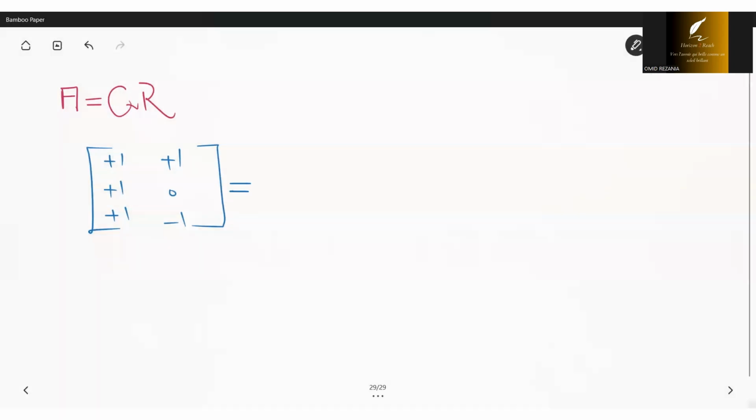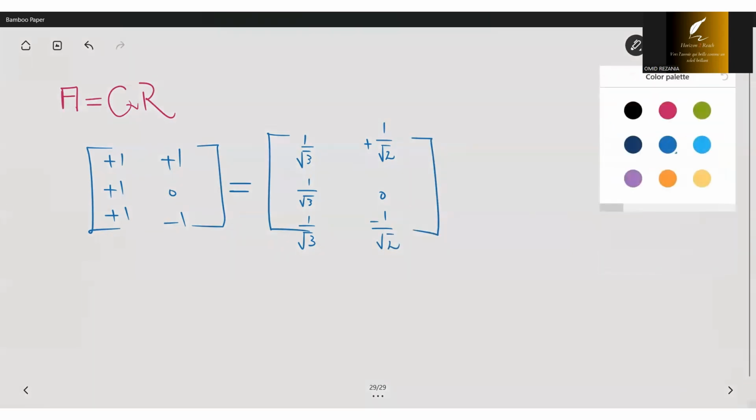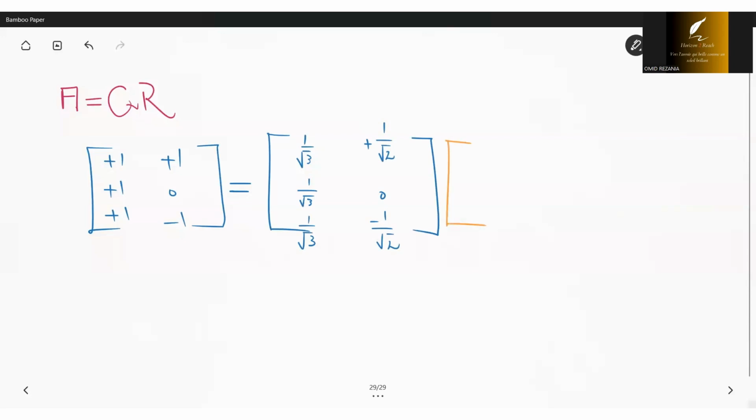The first matrix Q was 1 over square root of 3, 1 over square root of 3, 1 over square root of 3, plus 1 over square root of 2, 0, minus 1 over square root of 2, times a 2 by 2 matrix, 3 over square root of 3, 0, 0, 2 over square root of 2.